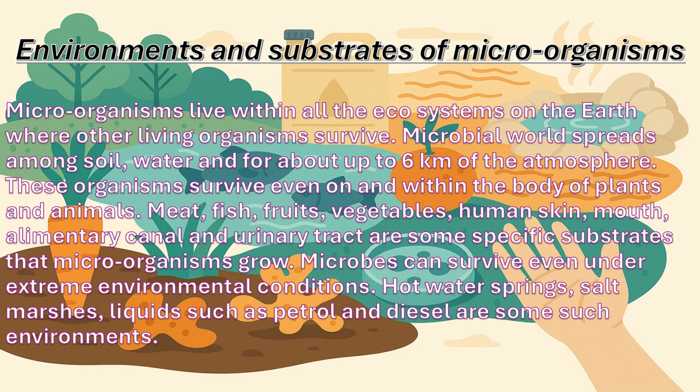Meat, fish, fruits, vegetables, human skin, mouth, alimentary canal, and urinary tract are some specific substrates that microorganisms grow. Microbes can survive even under extreme environmental conditions. Hot water springs, salt marshes, liquids such as petrol and diesel are some of such environments.